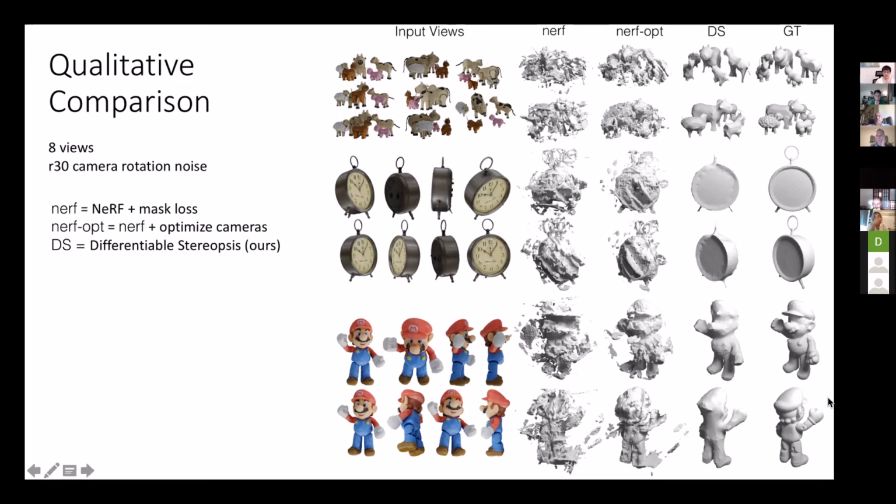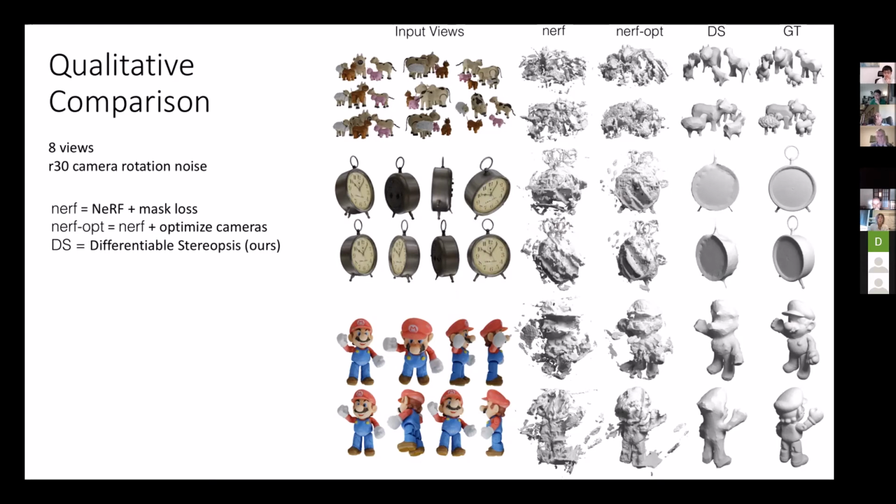Now with NeRF, we can get dense reconstruction, and with differential stereopsis, which is our technique, both of those will give us reconstructions. The basic difference, and we'll back this up with numbers, is that the NeRF approach, with enough views and good enough cameras, works really well. So in the regime when you have lots of views and good cameras, NeRF and our approach work equally well. In the regime where you have very few views or your cameras are noisy, that's when I think NeRF starts to break apart.